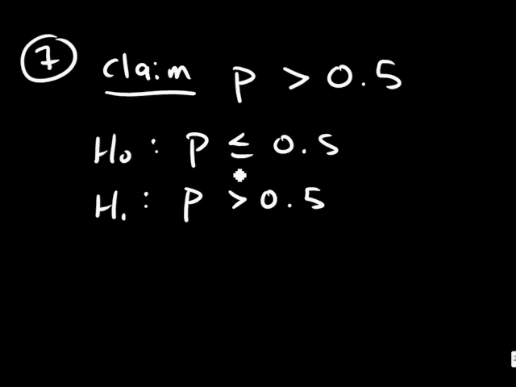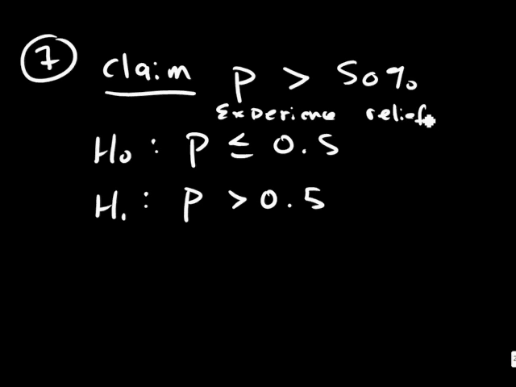This proportion, greater than 50%, as a decimal is 0.5. So this is the claim made by the study. These people experience relief. Looking at the alternate hypothesis, yet again we have a right tail test.